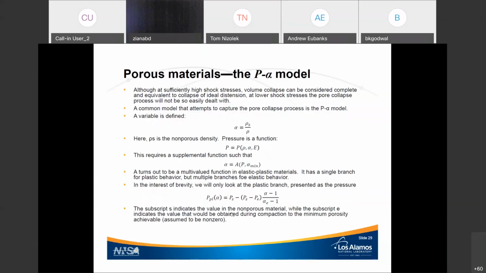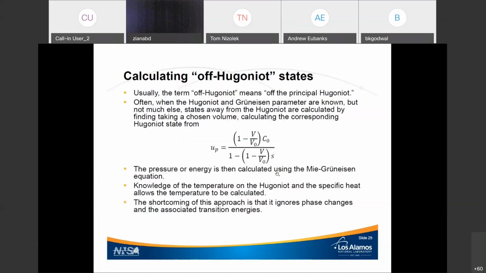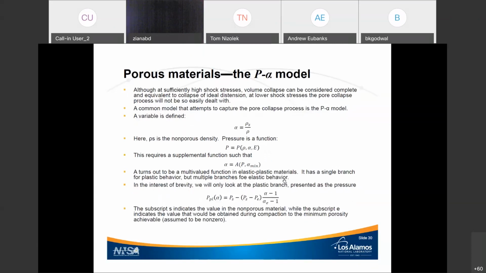In particular, when we're talking about temperature. Okay, I'm going to make a slight side trip here. I discussed porous materials as if porosity is this ideal distension. For strong shock waves, you can kind of think of it that way.